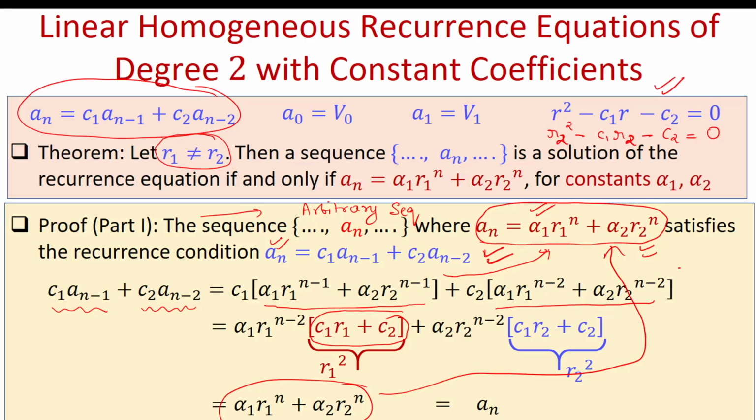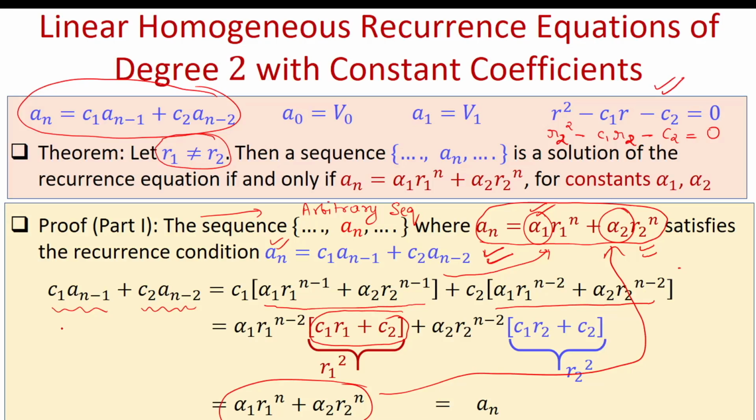Now you can have any constants alpha 1 and alpha 2, right? It's up to you. You put any constants alpha 1, alpha 2, that will give you a sequence which satisfies the given recurrence condition.